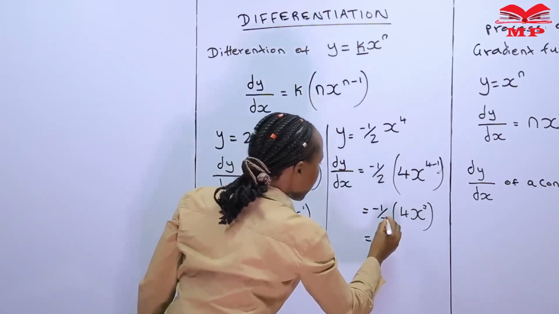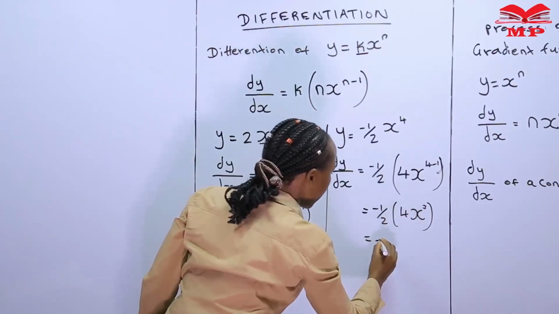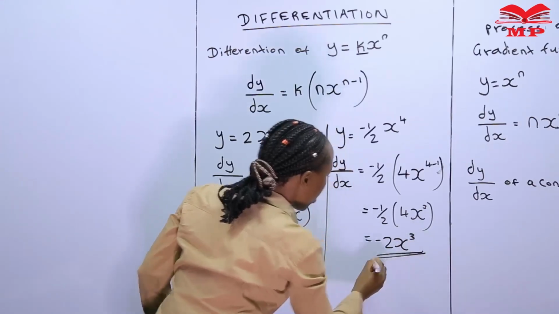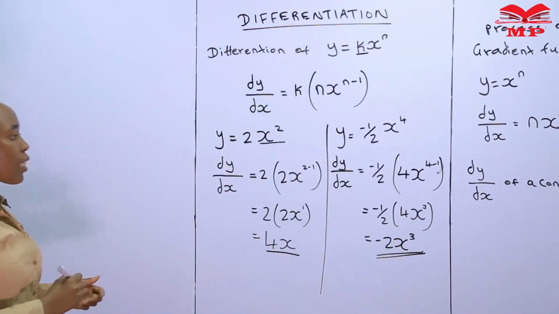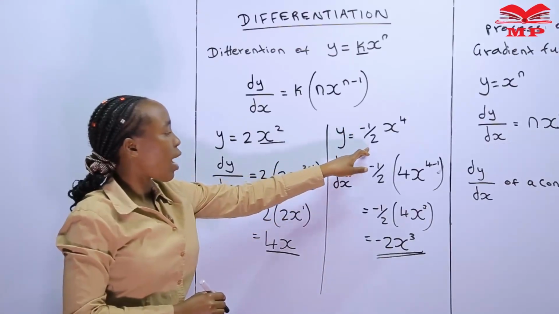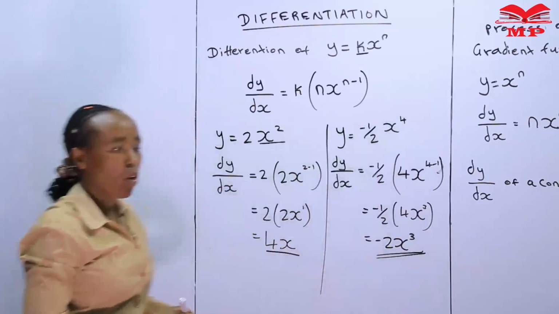So we end up getting, by 2, 1 by 2, negative 2x raised to power 3. That becomes our derivative for the equation y is equal to negative a half x raised to power 4.